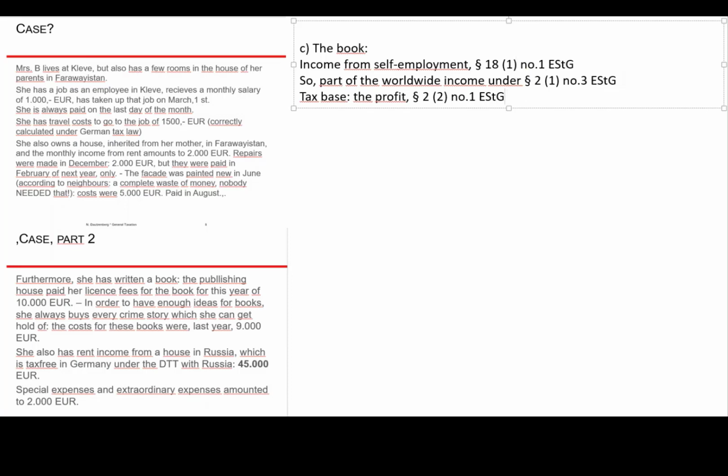And the profit is business revenue minus business expenses. If she has no balance sheet to make, profit is usually to be determined by balance sheet. We are going to hear that later. Paragraph 4(1) is no ESTG.